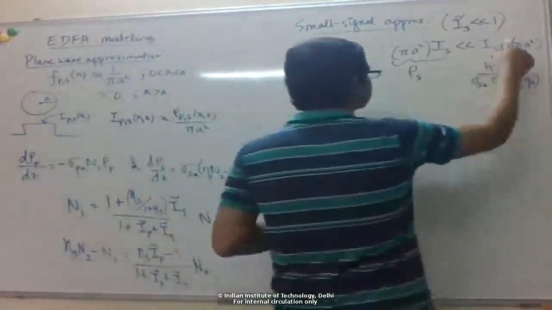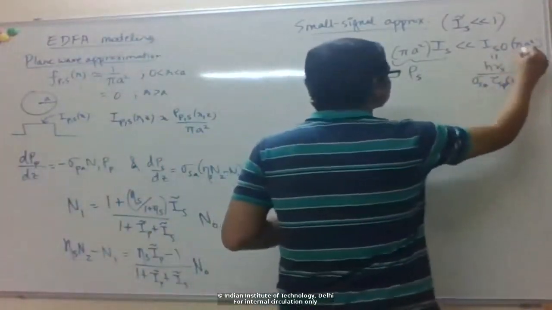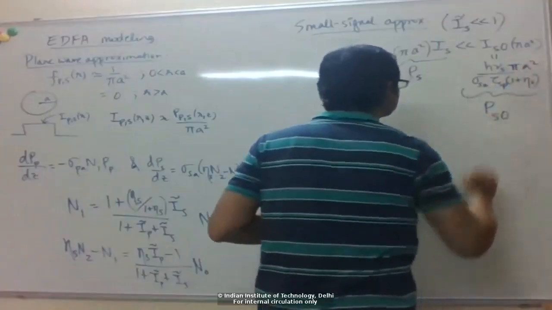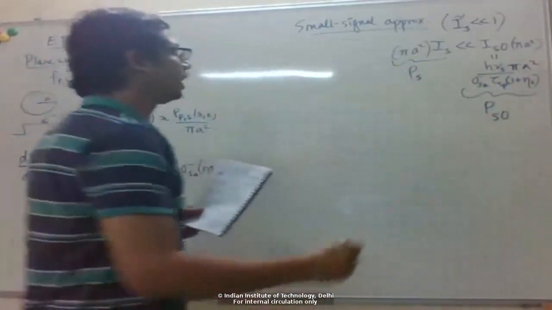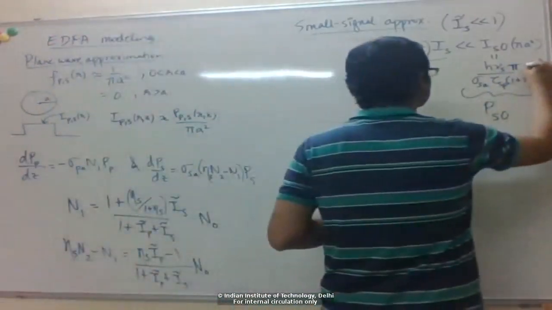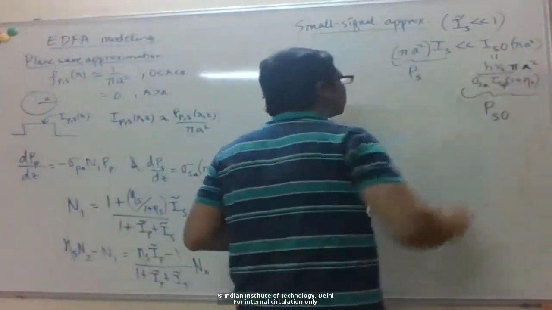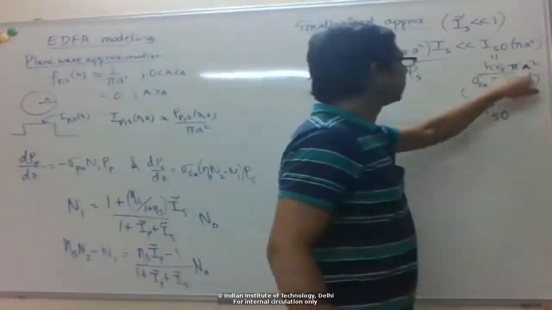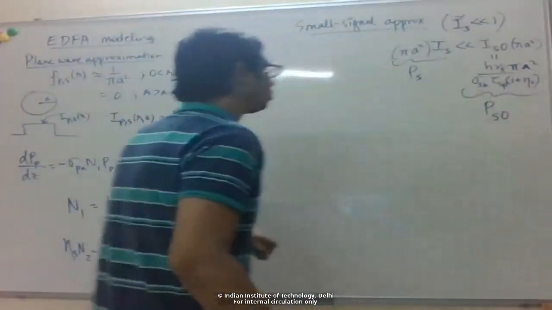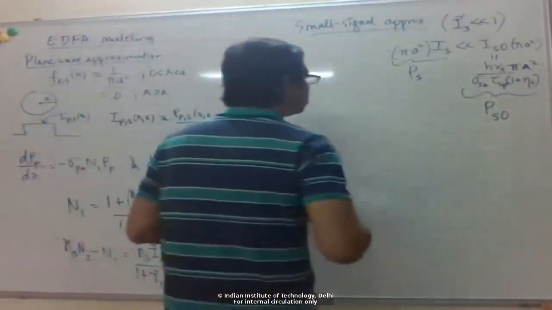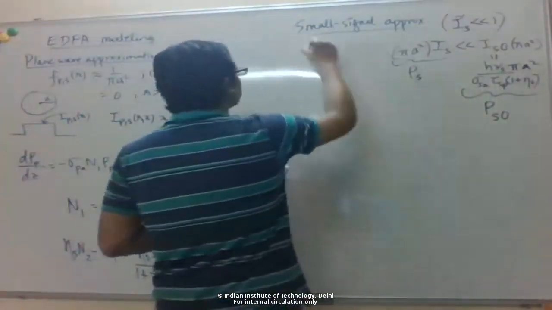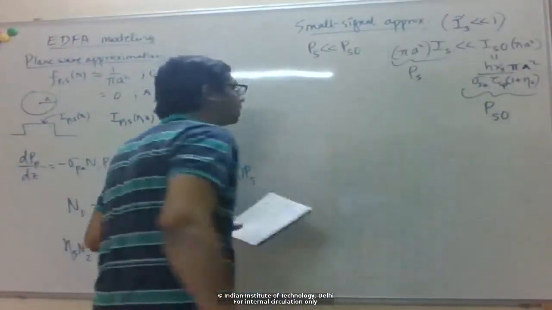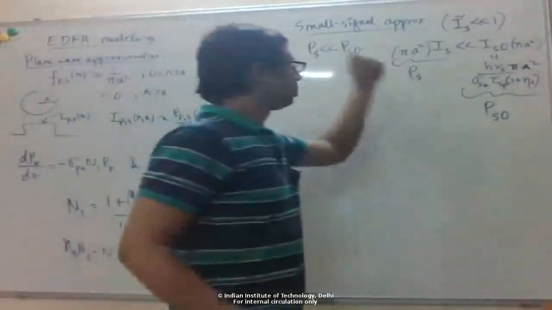And if I multiply with pi a squared, this whole thing I can write as some PS naught. Again, it depends on just the atomic constants of erbium in glass and then the core area. So basically a small signal approximation is that the signal powers in the fiber are smaller than this PS naught.